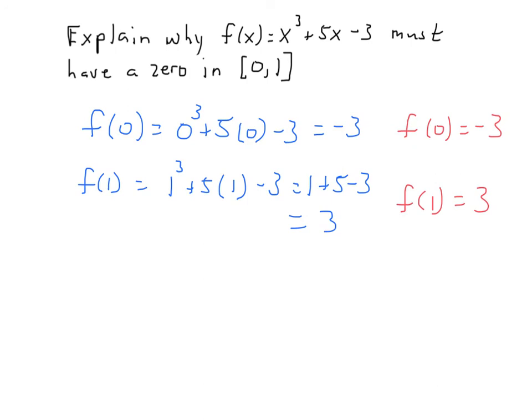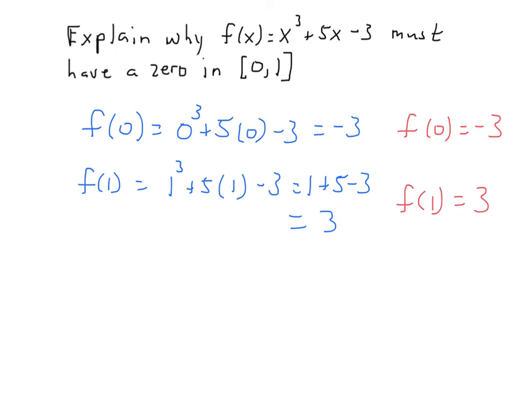Okay, so then by the intermediate value theorem, I know that f of x is continuous. I know that f of 0 is negative 3 and f of 1 is equal to 3. And so by the intermediate value theorem, for every value between negative 3 and 3, I know that there is a number between 0 and 1 that when I plug it into function f, I will get that value.